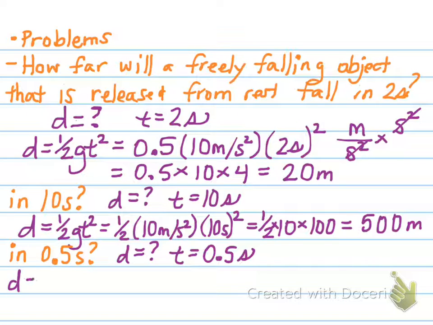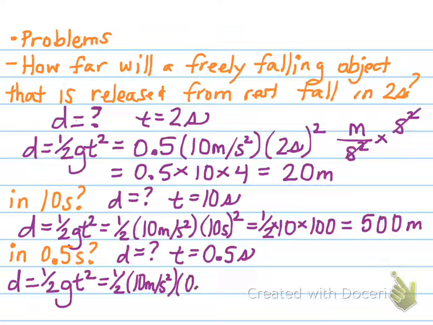So our equation is still the 1/2 gt squared, 1/2 10 meters per second squared times 0.5 seconds squared. Okay. And when you put that in your calculator, you should get 1.25 meters.